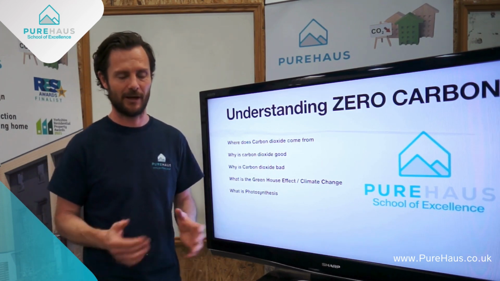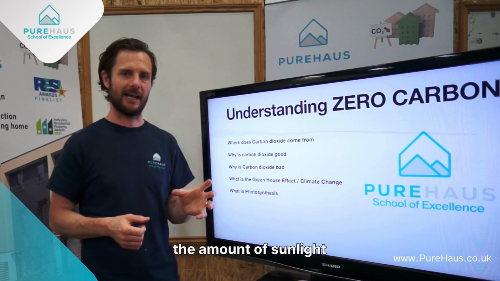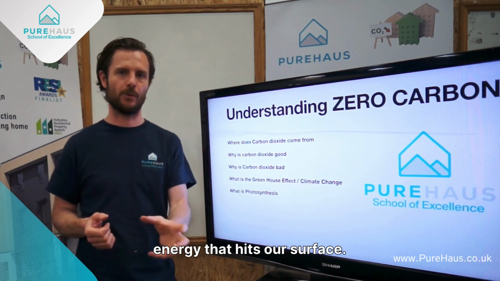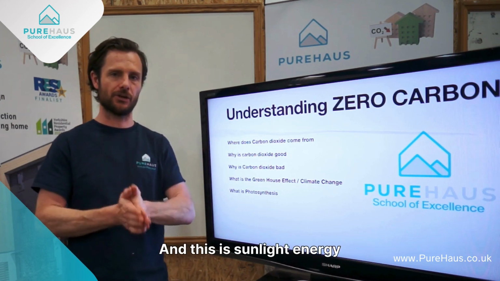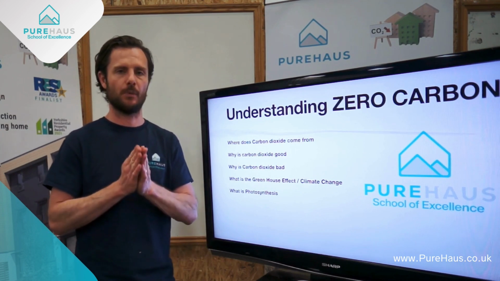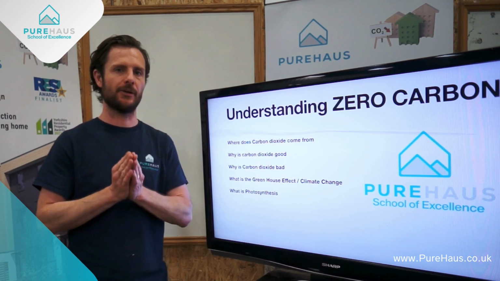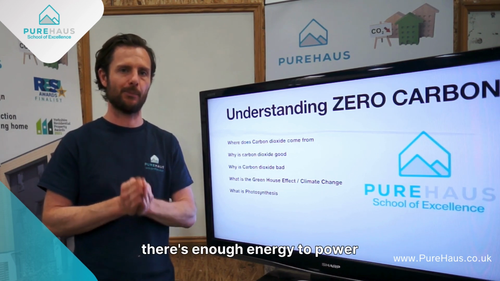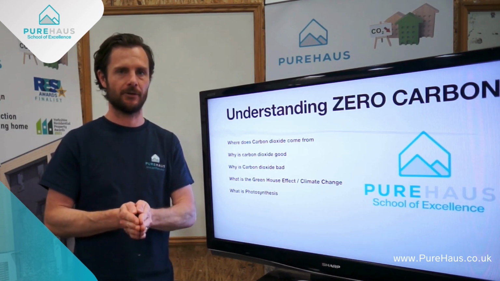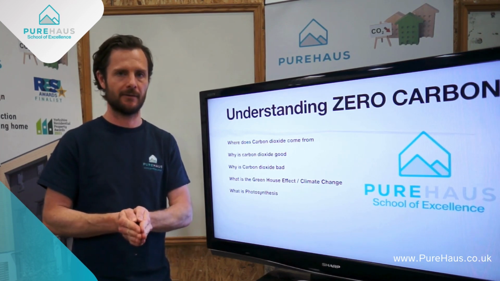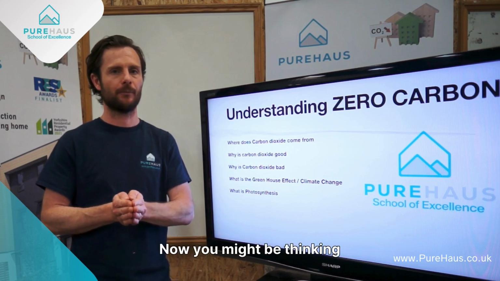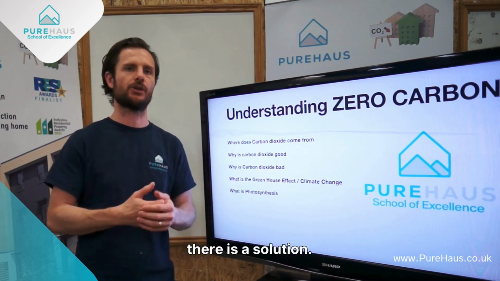Great question. The amount of sunlight energy that hits our surface, and this is sunlight energy, in 1 hour is enough energy to power the planet for a year. Not a day, for a year. Now, you might be thinking, there is a solution.